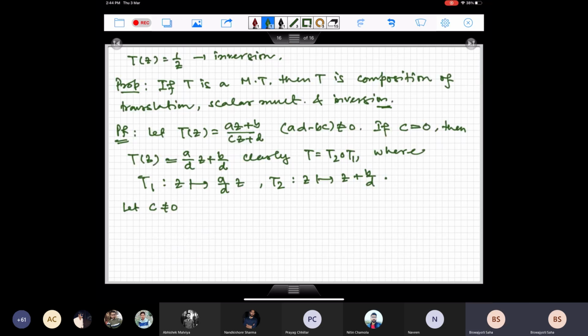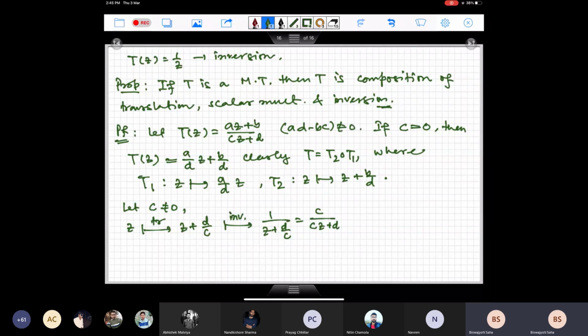Start with Z, give it translation, sending it to Z plus D by C, and then I'm going to invert it because in the denominator I need that. So I give inversion, 1 upon Z plus D by C, and this is nothing but C divided by (CZ plus D). So the denominator I have got already.